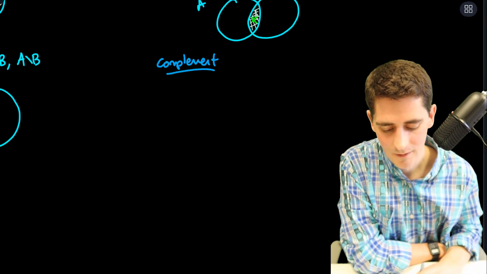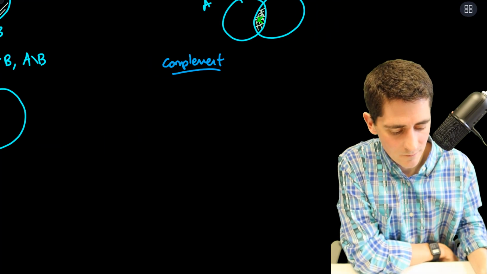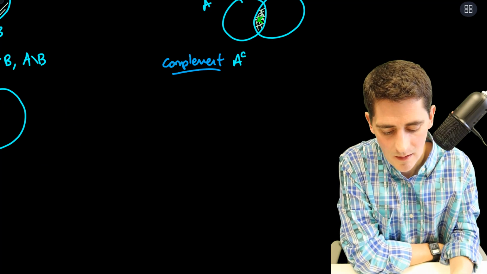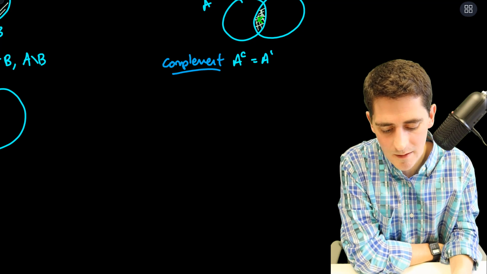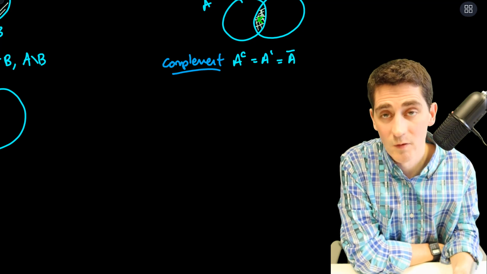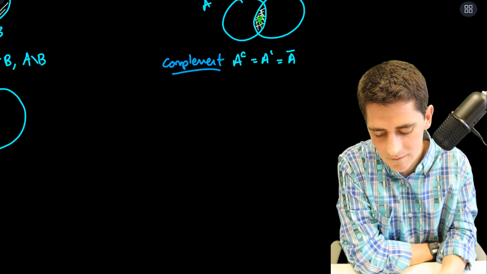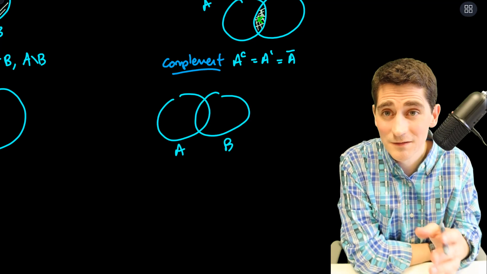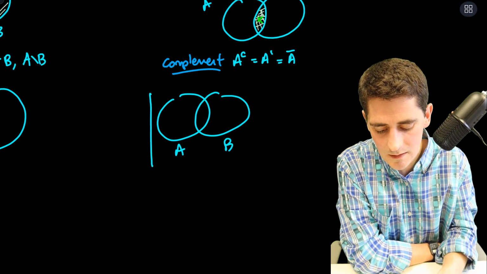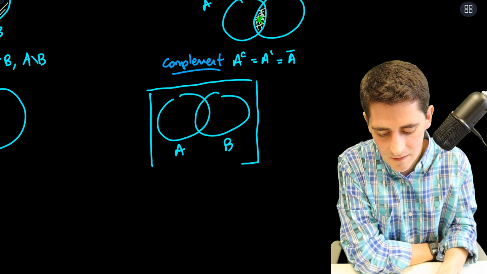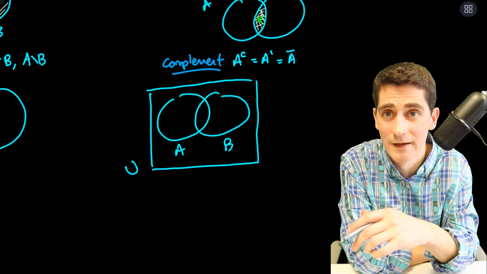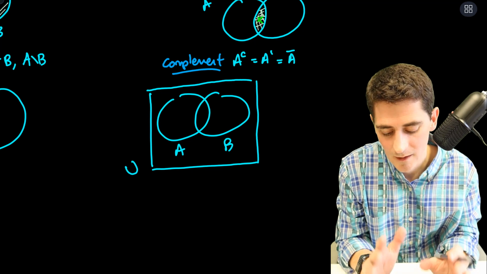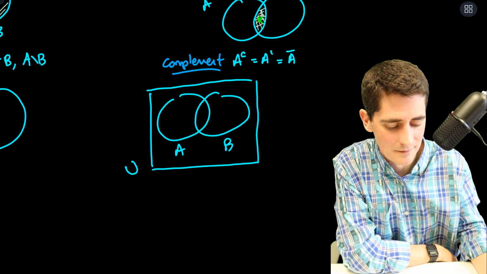We're throwing out the intersection away from A. Okay, now the last one, complement. This one we might write as A to the C power. I've also seen it as A prime. I've also seen it written as A with a bar over it. What we mean by this is we take two sets, A and B. And actually we don't need B in this context. What we need is something outside of A. We need some sort of universal set, so everything that could possibly be considered, that A and B are in, or their environment.